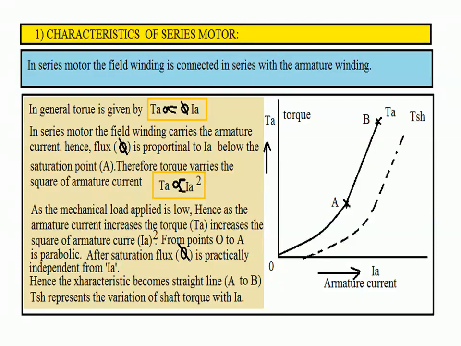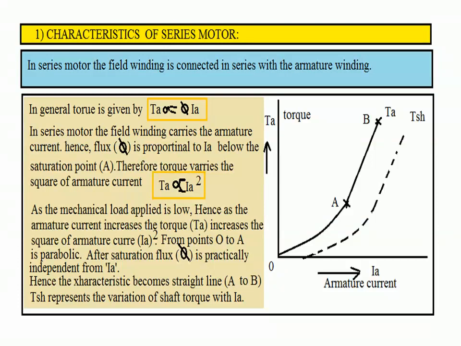But in a series motor, the field winding carries the armature current, hence flux is proportional to Ia below the saturation point. Hence, this equation becomes Ta proportional to Ia into Ia. Finally, Ta is proportional to Ia square.